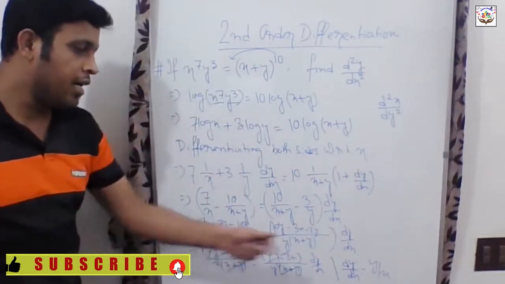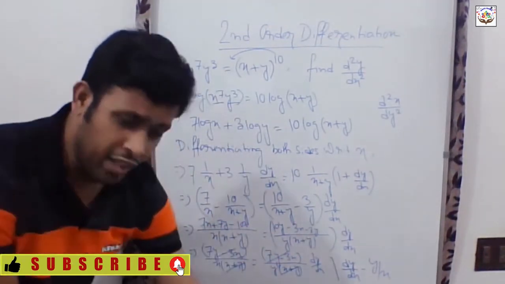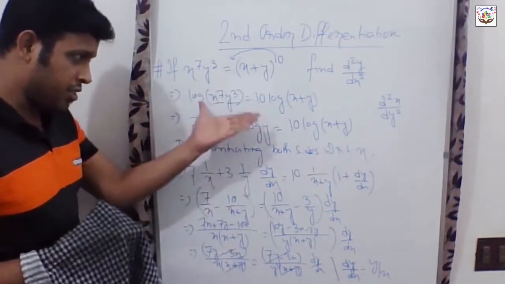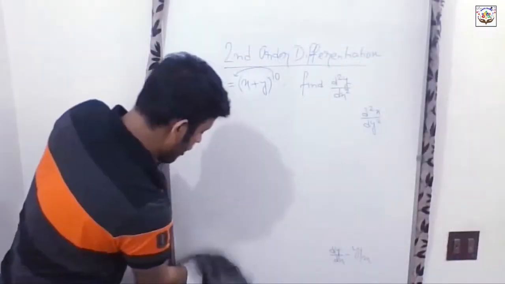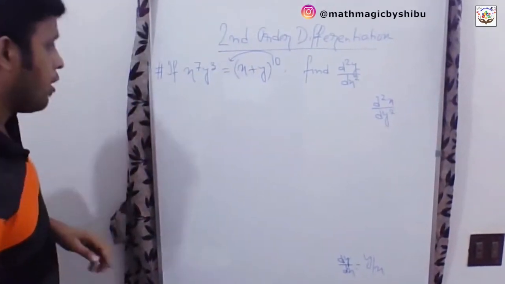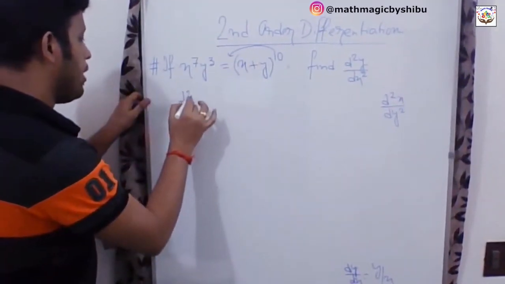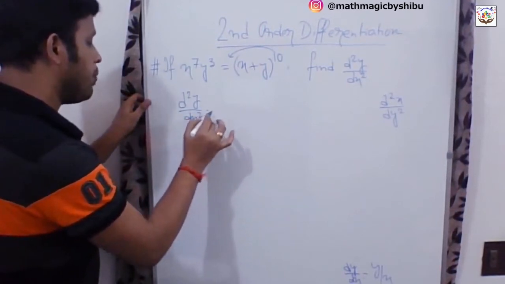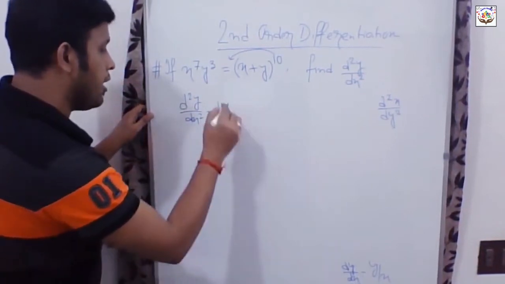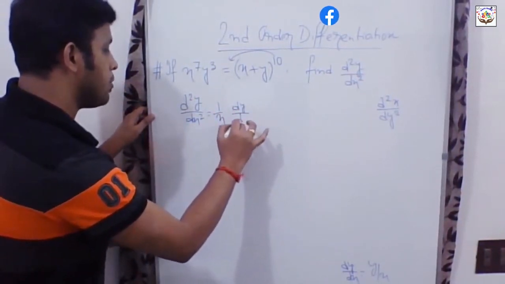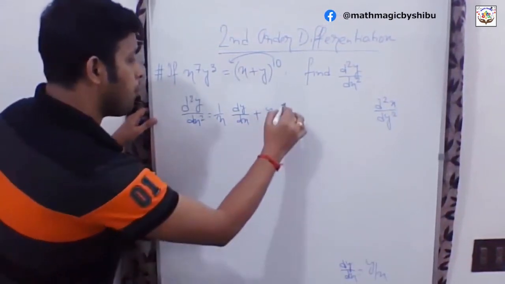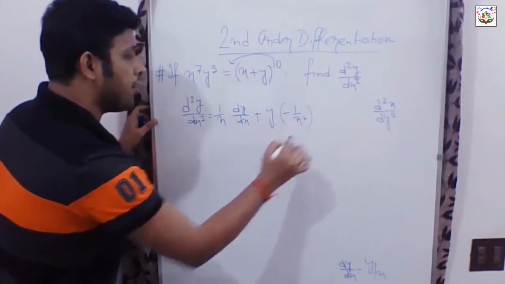So we have got our dy dx and we need to find the d2y by dx square. So let me clear the first part. You can just pause the video and understand step by step, right? So we have got dy dx as y by x, as you can see. Now what will be d2y by dx square? Simple: 1 by x constant, d dx of y would be dy dx, plus y constant and d dx of 1 by x will be minus 1 by x square.